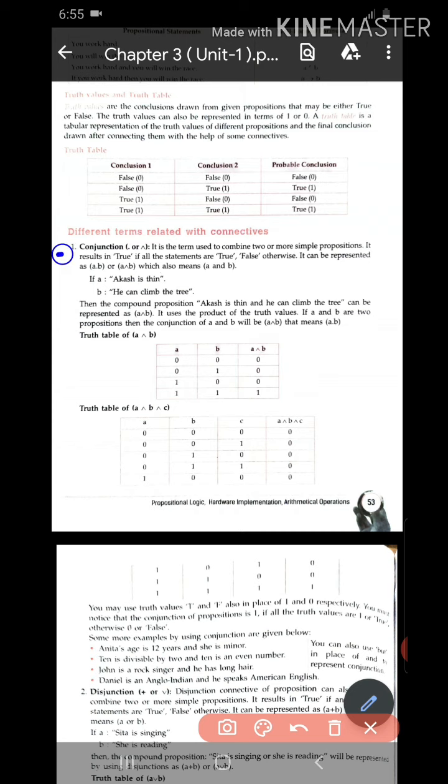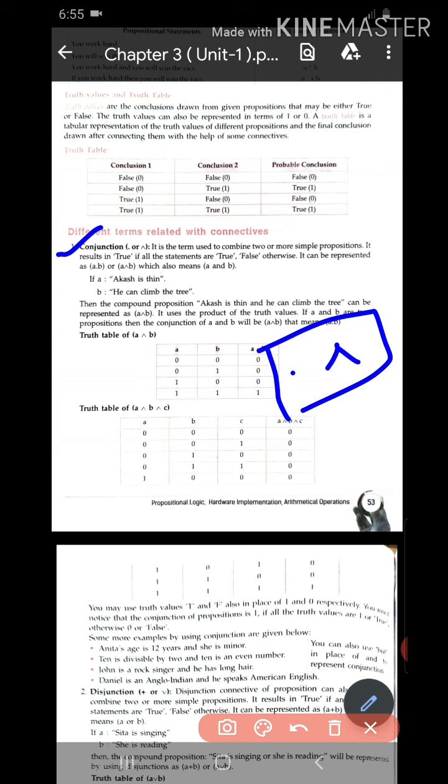And indicates conjunction. And conjunction has two symbols. One is dot, another one is cap. The term which we are using to combine two or more than two propositions by using and, which provides us some conclusion that is true or false, that is conjunction, which is indicated with these symbols.